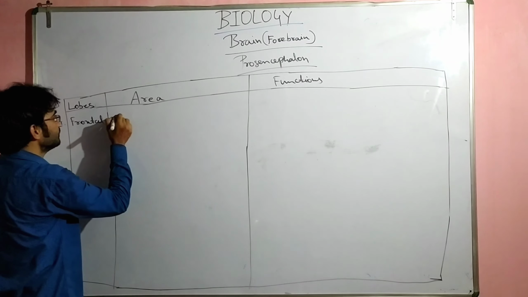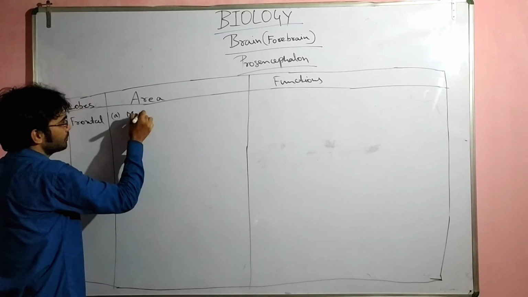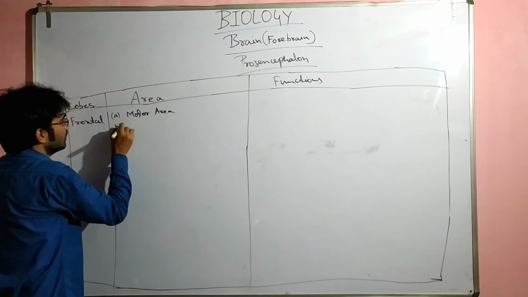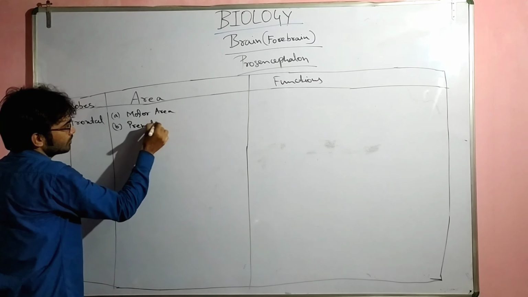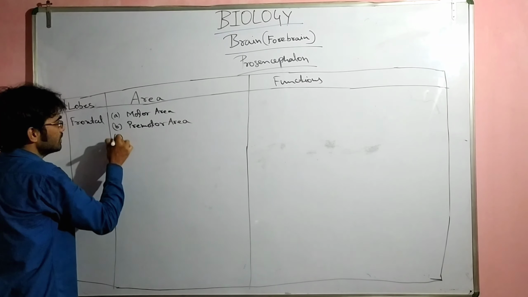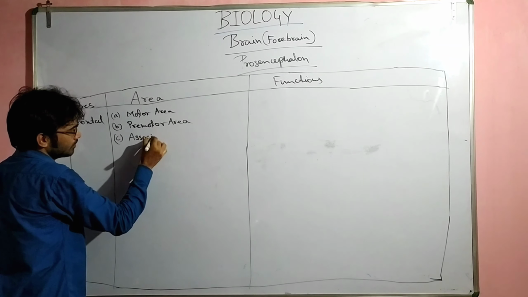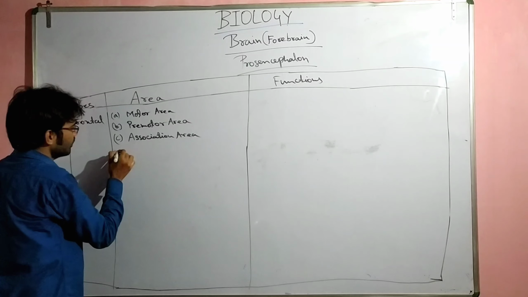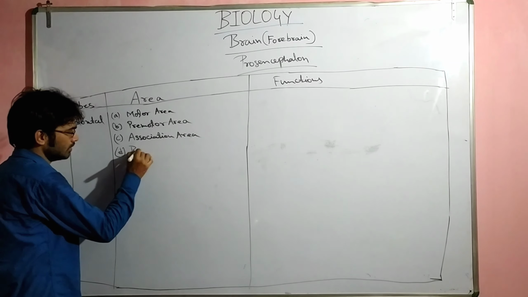Number one is the motor area. B, premotor area. C, association area. And D is the Broca's area.